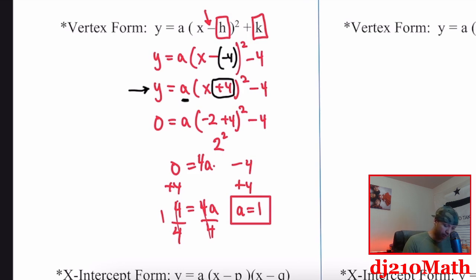So when we write our answer, we have to plug a back in to the second equation, or the second line right here. So this is final answer. Y is equal to a, which is 1, so I don't write anything. X plus 4 squared minus 4. So that's the vertex form.